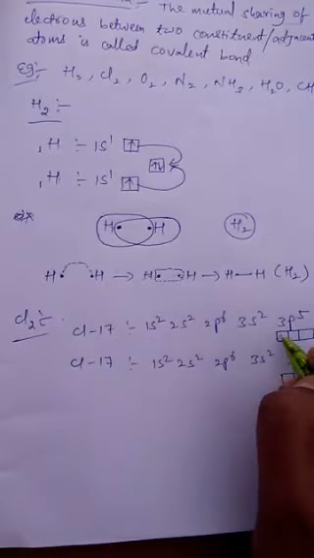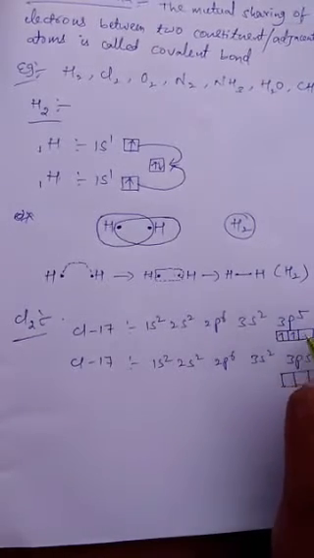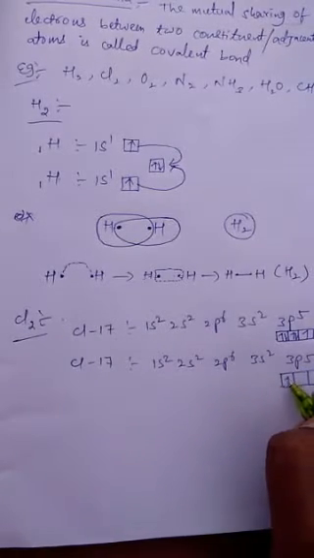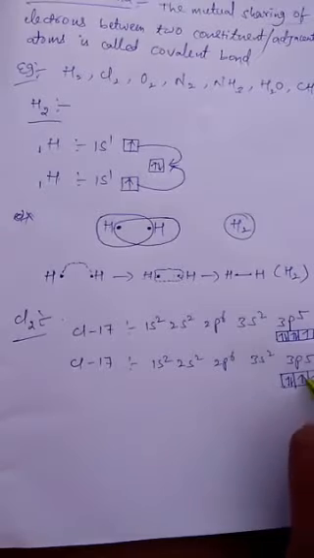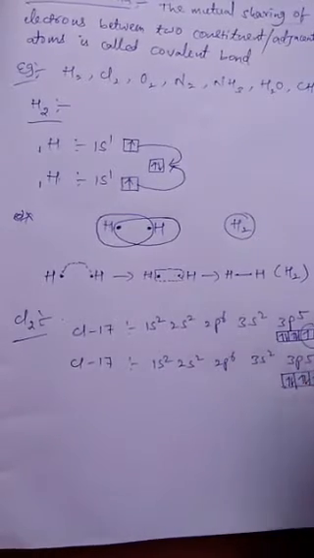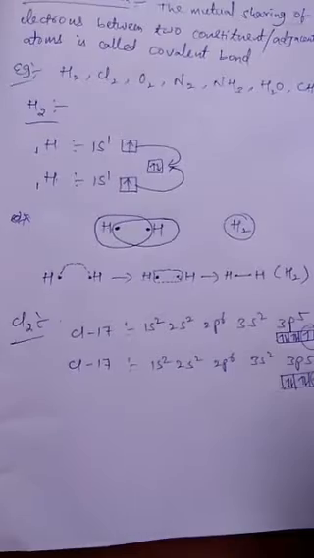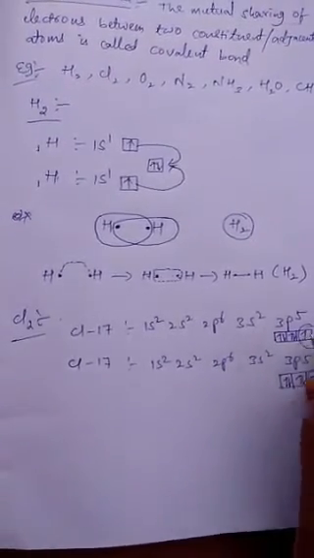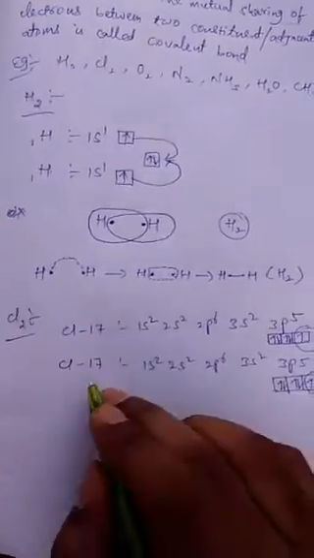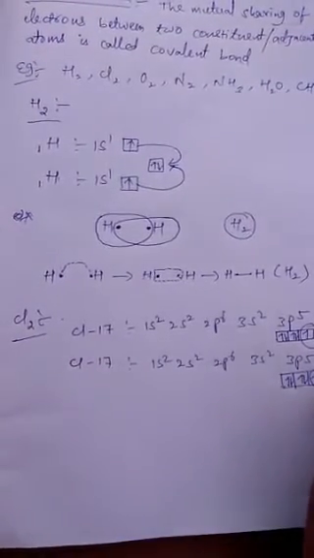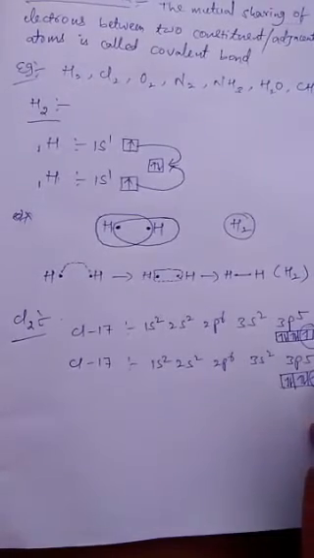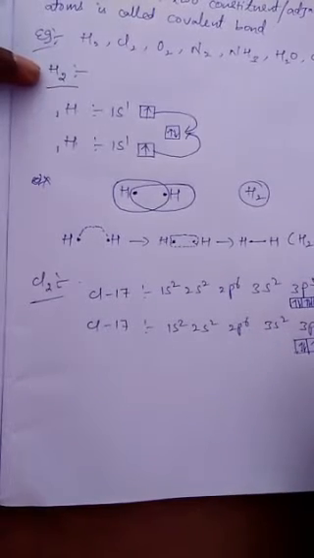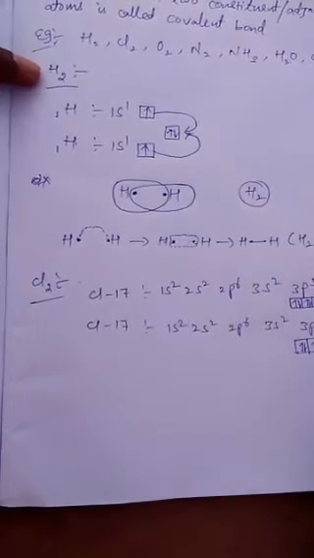The number of electrons in the p orbital is 5, so 1, 2, 3, 4, 5, and for the second chlorine also 5 electrons. The number of single electrons is 1. The number of bonds depends upon single electrons only, so the chlorine valence is 1 because one unpaired electron is there. The first chlorine gives 1 electron and the second chlorine gives 1 electron to get a doublet. Doublet means stable.